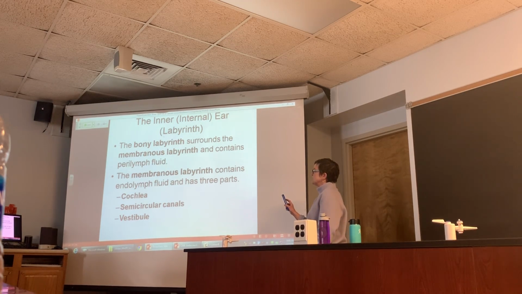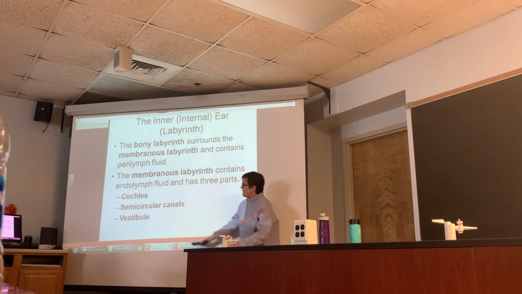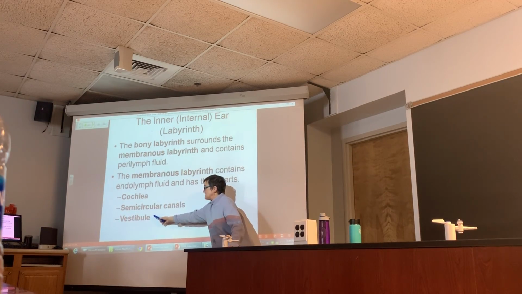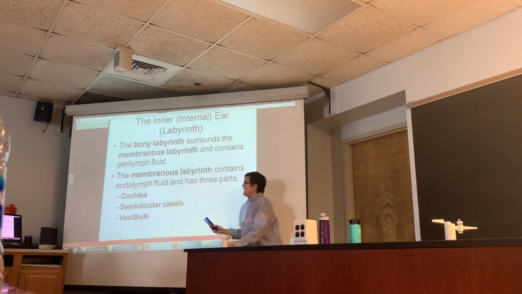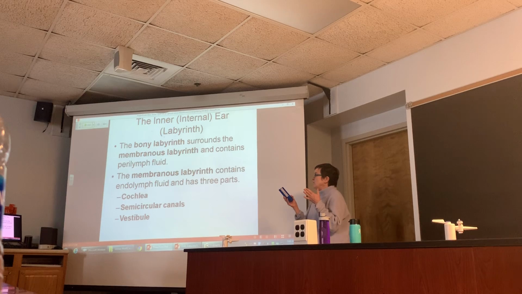Now, the membranous labyrinth is a membrane-bound system of channels, and it's enclosed within the bony labyrinth. Inside your inner ear, you have a bony space that fits the shape of the membranous labyrinth, the membranous labyrinth being the vestibular apparatus and the cochlea. And so there's some fluid in there. It's called perilymph.